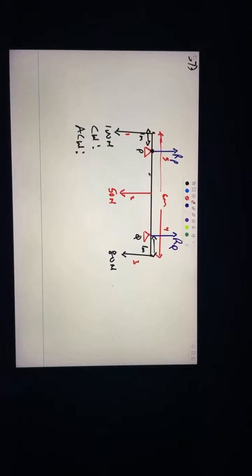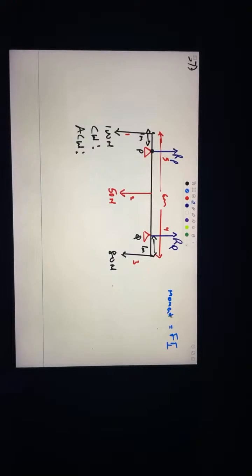Each and every one of them, I'll be analyzing around this pivot to determine which one is clockwise or which one is anti-clockwise. Now this is how I always teach my students. If this pivot is what you are taking the moment about, don't forget, by the way, moment is force times perpendicular distance.